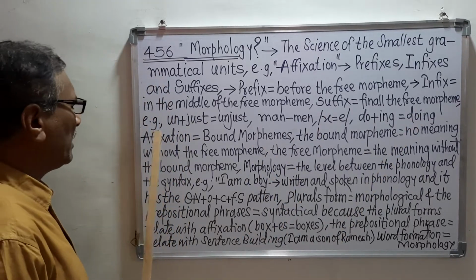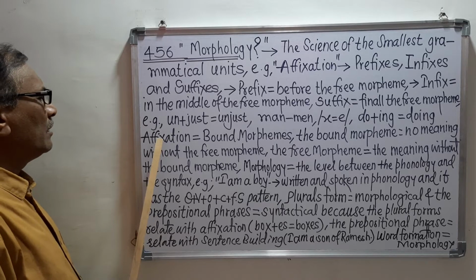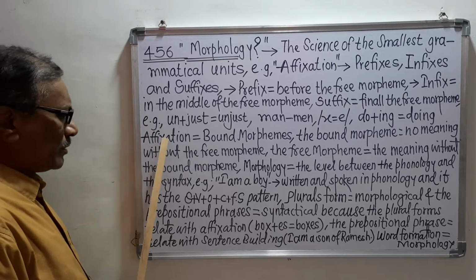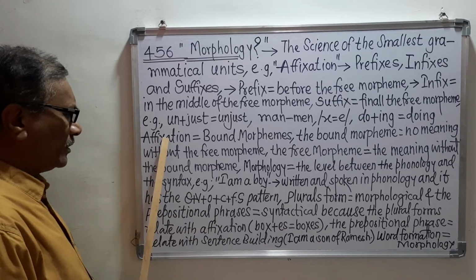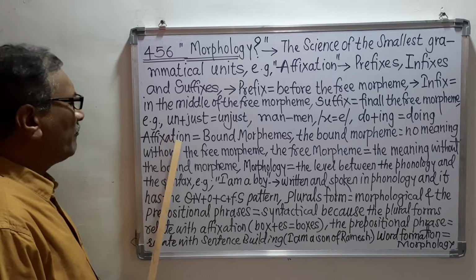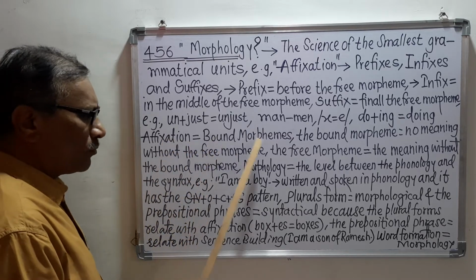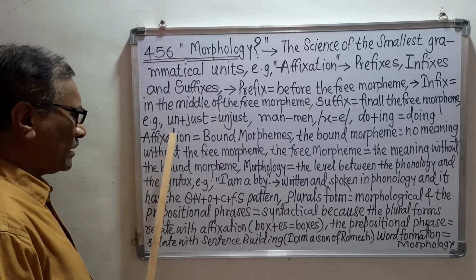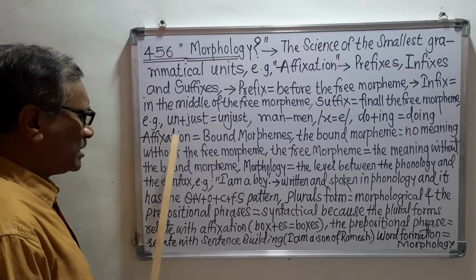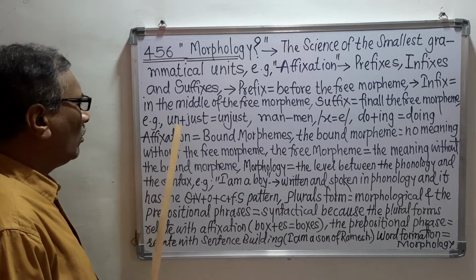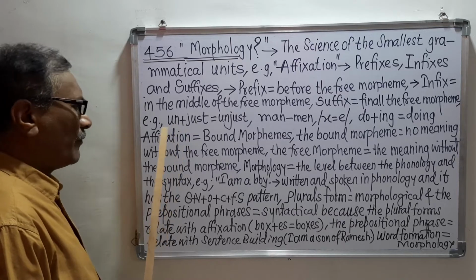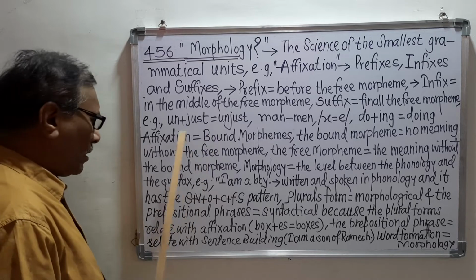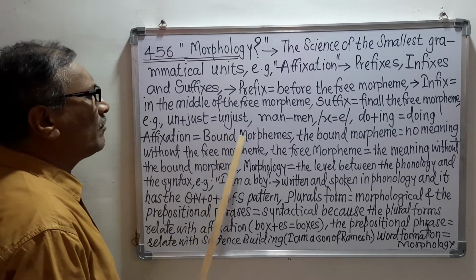Now see, we will discuss what actually affixation is. Remember, when we discuss affixation, we see the bound morphemes. In affixation there are prefixes, infixes and suffixes. All these are affixation. So affixation means bound morphemes.